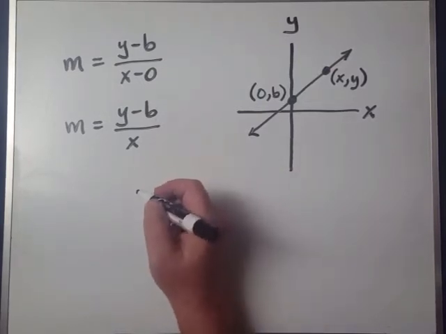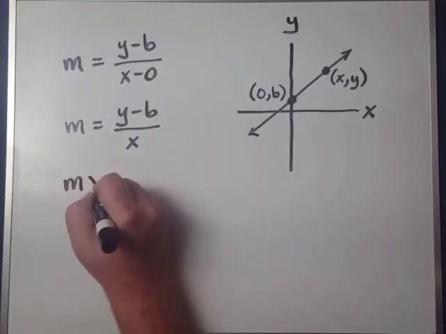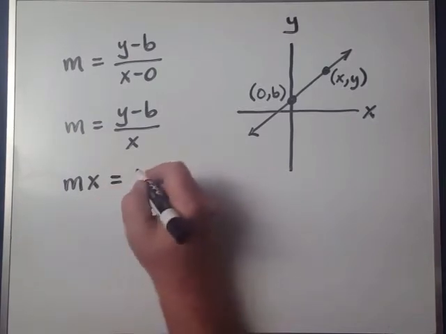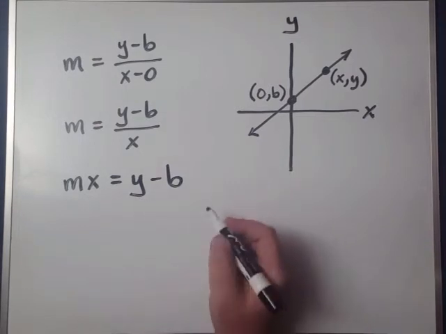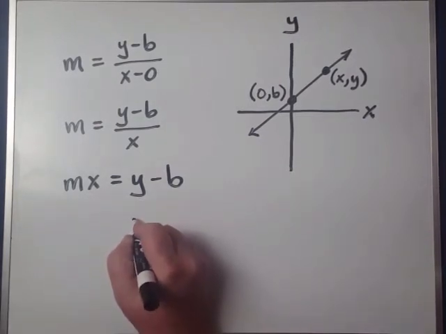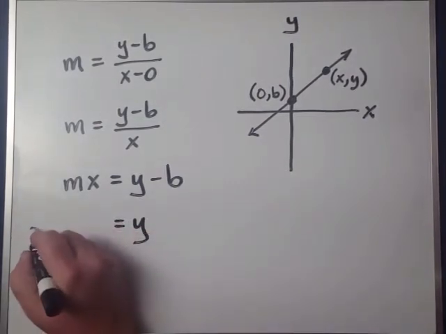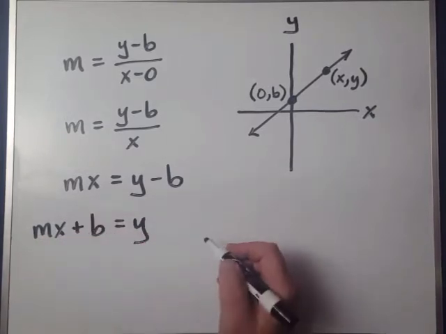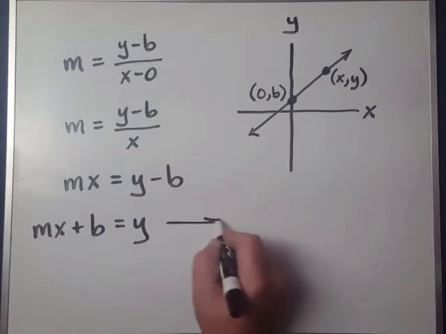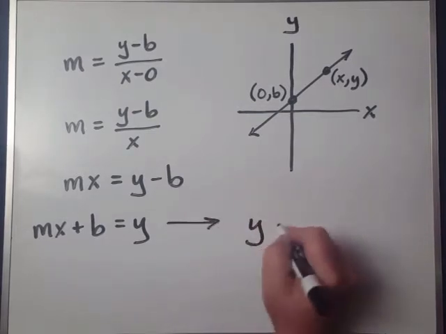Let's clear the fractions. Multiply both sides by x. And then to get y by itself, add b to both sides. Now this is solved for y. Let's go ahead and turn this around and write y equals.